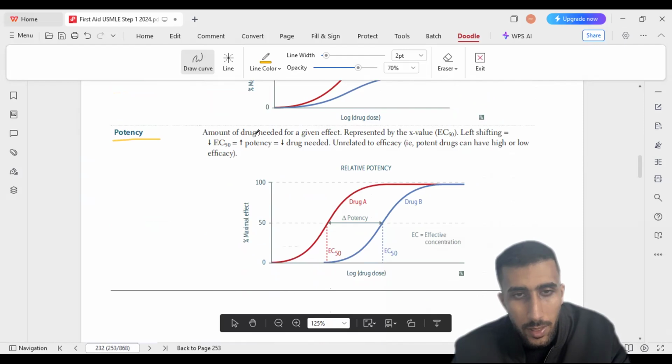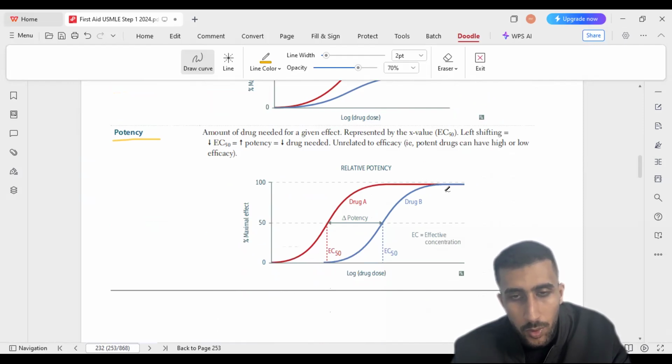Potency, on the other hand, is the amount of the drug. If you look here, both of the drugs are going to produce the maximum effect, so they have the same efficacy. But one drug produces the maximum effect starting at a lower dose.